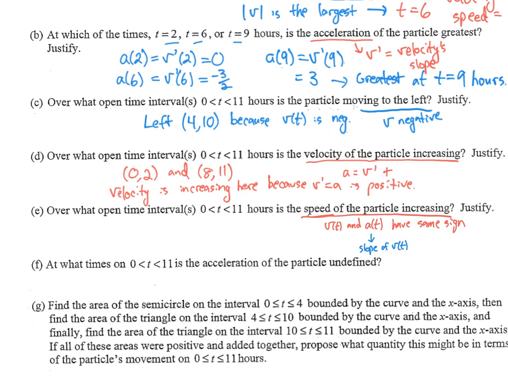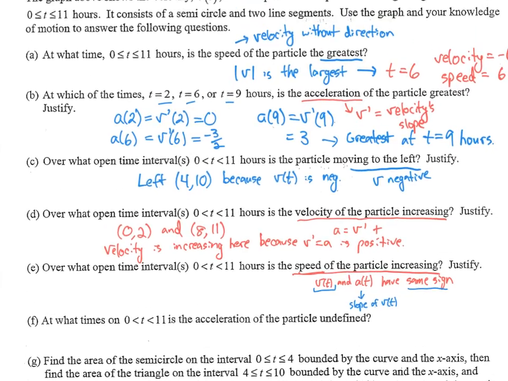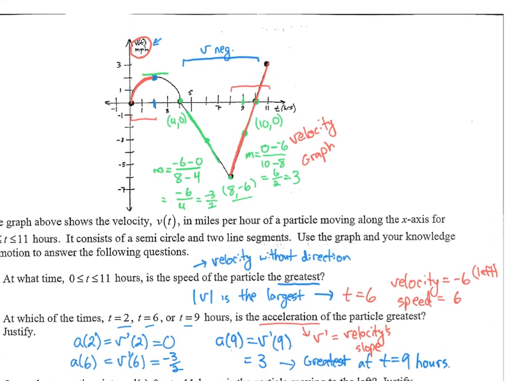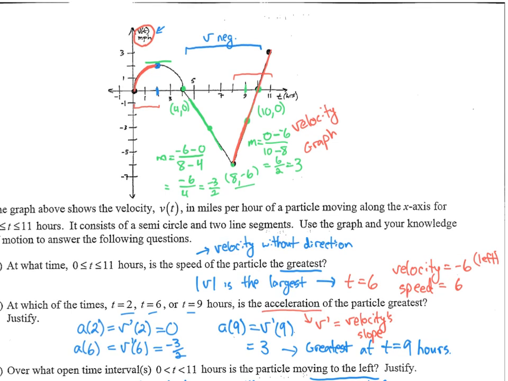We're going to look up at the original velocity graph and look for places where the velocity is positive and the slope of velocity is positive, or where the velocity is negative and the slope of velocity is negative. I want these things to happen at the same time. All right, let's take a look up there. Okay. So just to make this cleaner, I'm going to erase everything that we started with up here.